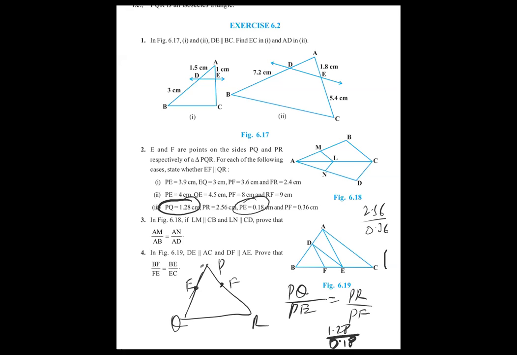You have to check by cancelling whether they are the same or not. 128 by 18 and 256 by 36, both are equal actually. This is half only, no? So both are equal. Yes, so yes, parallel.